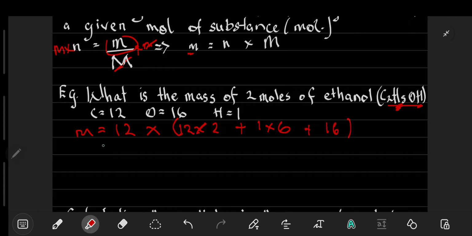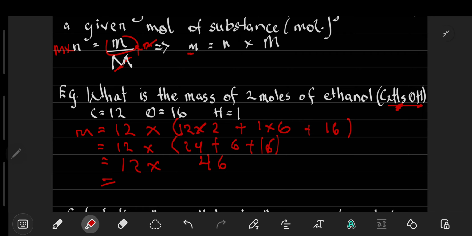So when we sum all of these up, this is going to give us 24 plus 6 plus 16, which is 46.